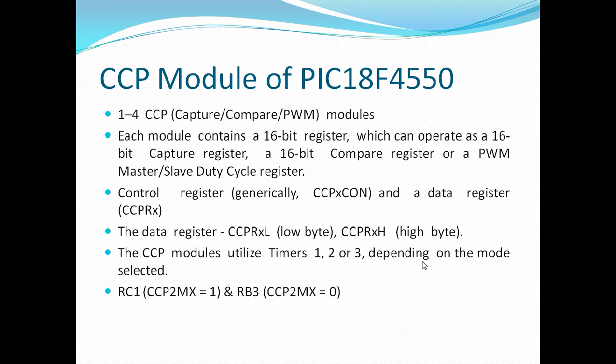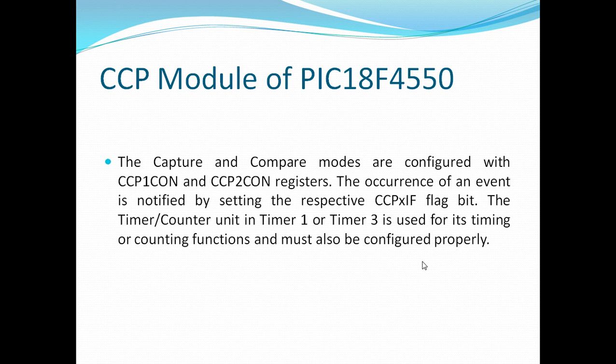As I told you, capture and compare mode use timer 1 and timer 3 registers, and PWM uses timer 2 registers. All of you know that the RC1 and RC2 pins are allotted for the CCP module, and as an alternative to RC1, RB3 is available for this CCP module.